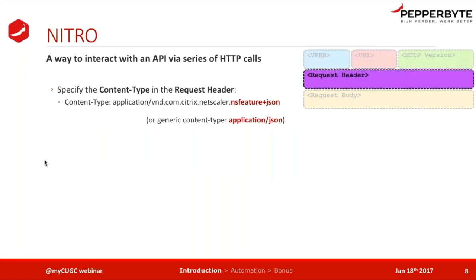But that's not all, because as I mentioned, we're using the HTTP protocol, and that requires us to also specify some additional metadata information in our request header. In this particular case, I need to provide a content type to make NITRO understand what the formatting will be of the information that I'm sending to it.